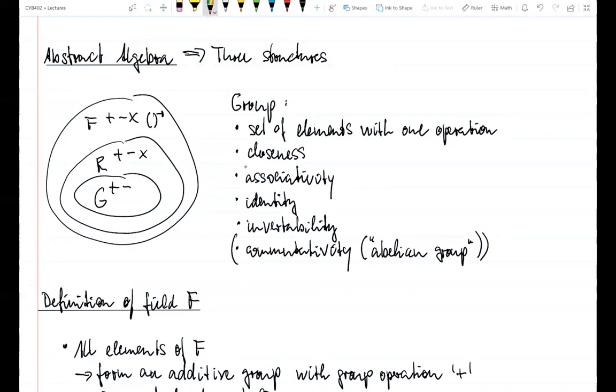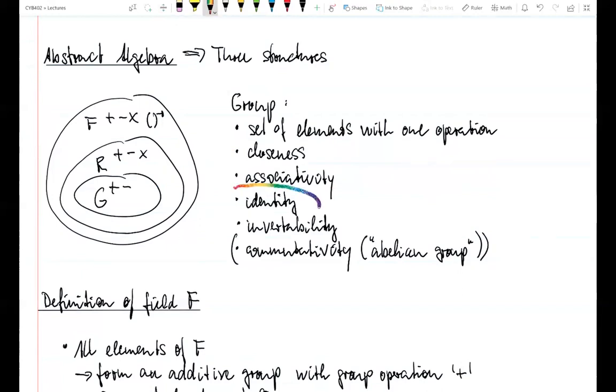Then associativity, that's relatively straightforward. If you do A, operation B, operation C, and I just do donuts here for the operation, it doesn't matter whether you do it in that order or in that order. Pretty much what you're used to anyway when you look at addition, something that you're more familiar with.